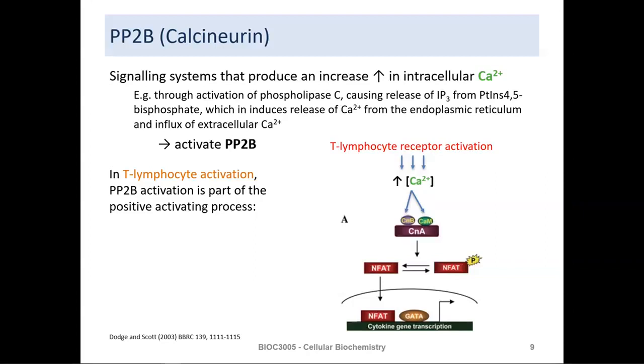The activated PP2B binds to and dephosphorylates NFAT, which is the nuclear factor for activated T cells, a specific transcription factor. When dephosphorylated, NFAT is promoted to translocate from the cytoplasm into the nucleus. This is where it can bind to DNA that encodes cytokine genes and stimulate their transcription.